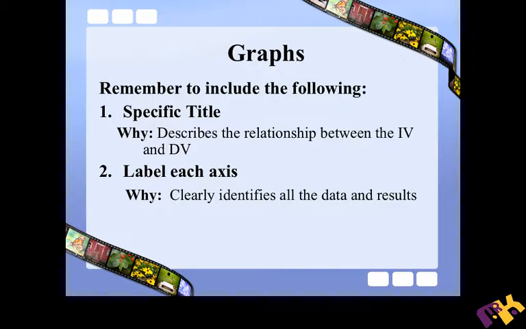It's about letting us know what the x-axis represents in its units, and what the y-axis represents in its units. So we give it a specific title because we're showing the relationship between IV and DV, and then we label axes so we know what we're looking at, helping identify the data and the results.